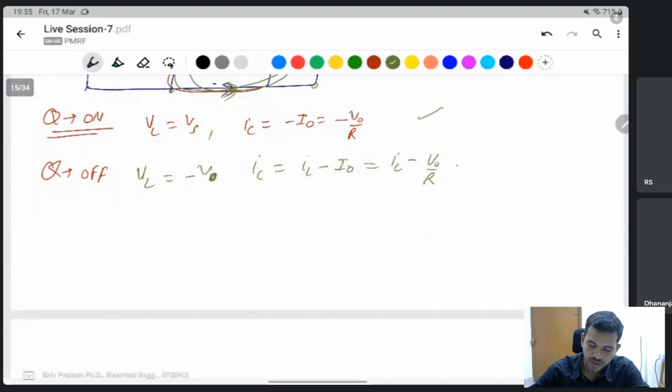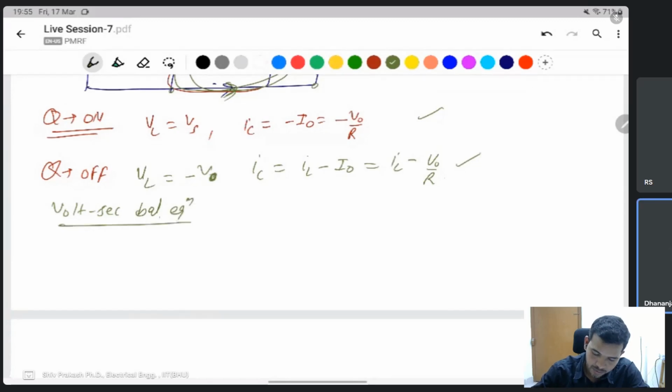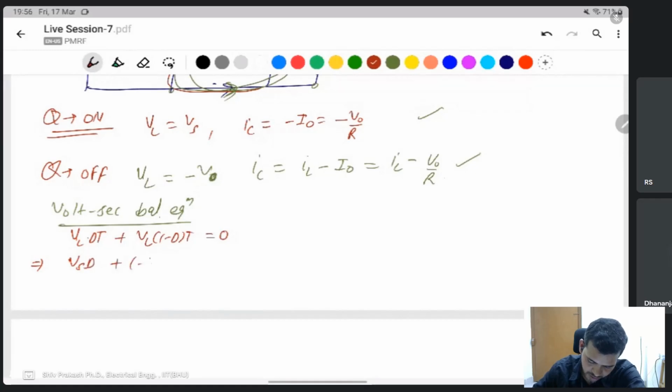If you find these two equations, then apply the volt second and current second. Volt second balance equation: VL into dt over on time plus off time is equal to 0. This one is Vs into d plus minus V naught by 1 minus d is equal to 0.